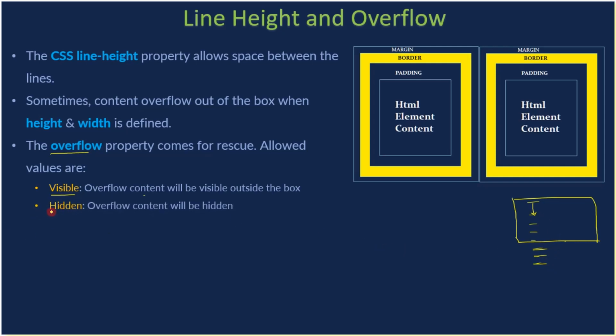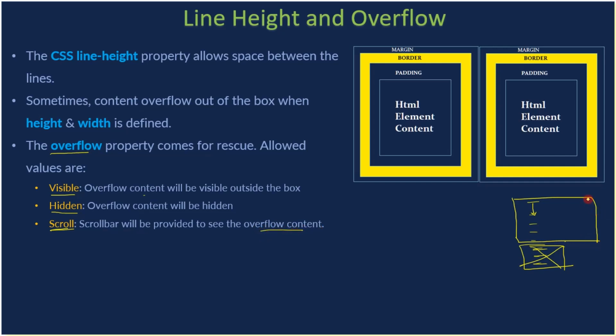And once you set hidden for the overflow property, the overflow content will be removed or it will be hidden. So there is one more value, scroll. Once you specify scroll to overflow, a scroll bar will be provided to see the overflow content.